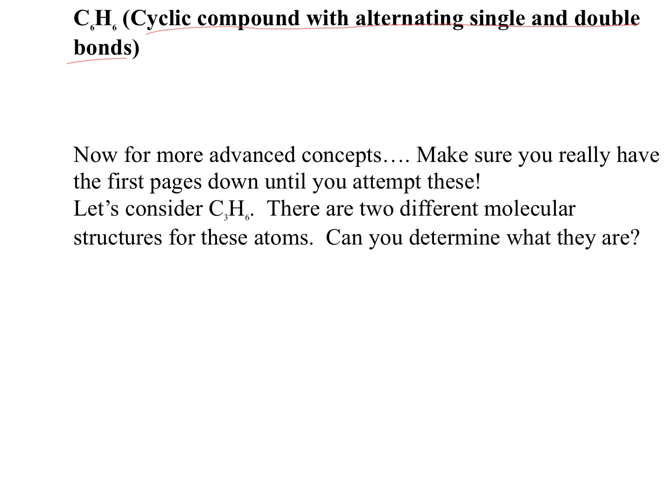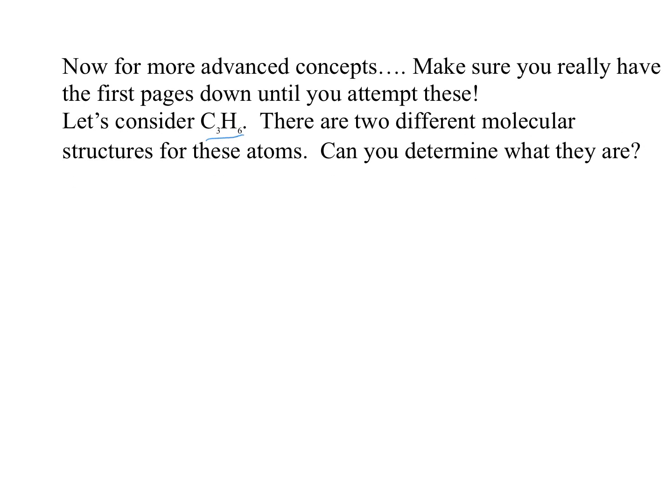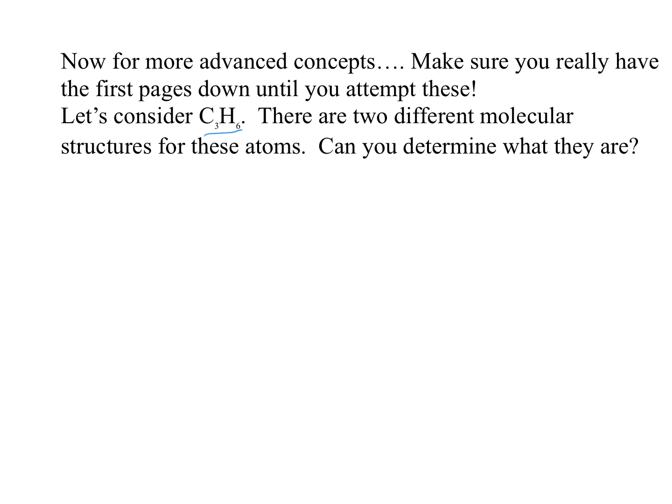Okay, so next it's asking us to consider C3H6. And there's 2 different molecular structures for these. Well, let's think about this. C3H6. Well, if it was 2N plus 2, that would give us H8, which means that we don't have 8.